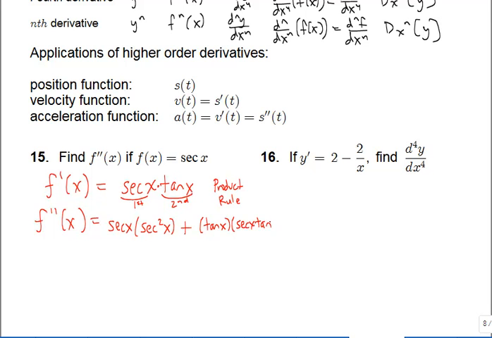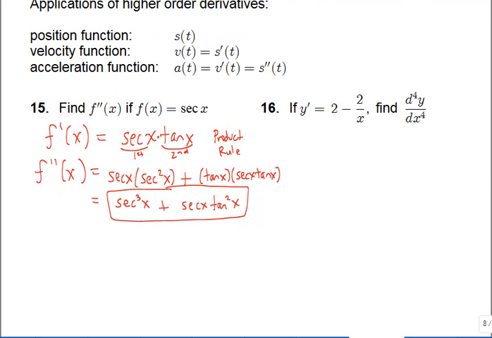So secant x tan x. And then just cleaning this up a little bit, a secant x times a secant squared x is a secant cubed x. And then a tangent x times a secant x tan x, I'm going to put that secant x out front, and a tangent times a tangent is a tangent squared. So this will be secant x tangent squared x. And here is my simplified second derivative.